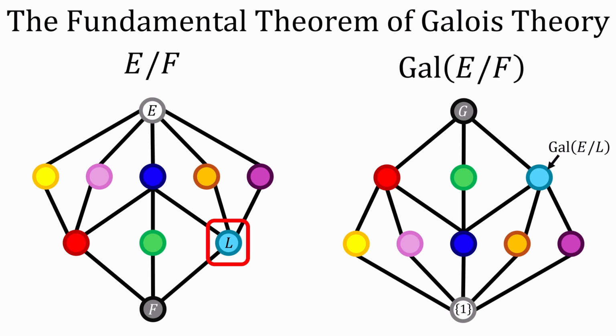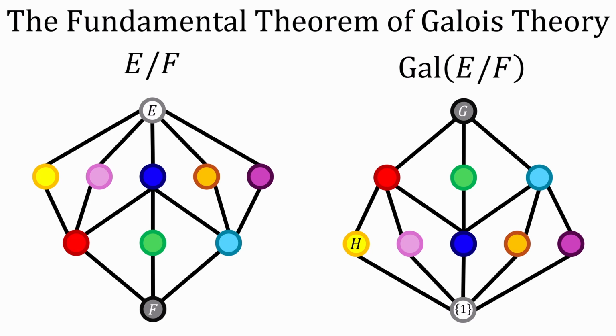This correspondence gives every field on the left an associated group on the right, but we need to make sure that this correspondence is one-to-one, meaning given some group H on the right, we need to show that there's only one field on the left which corresponds to it. Thinking about what the Galois group of E over L means, this isn't too hard. H is some group of automorphisms of the elements in E which leave F unchanged.